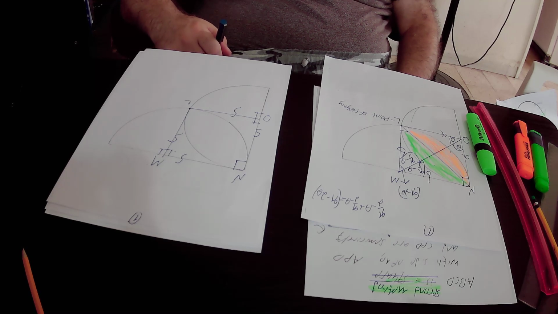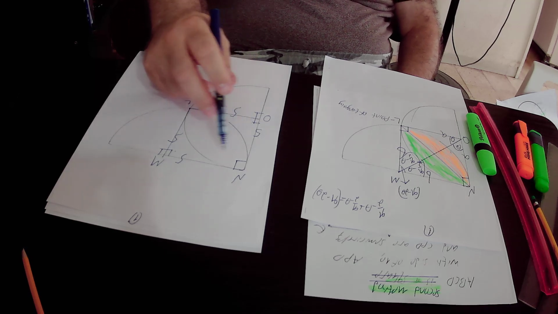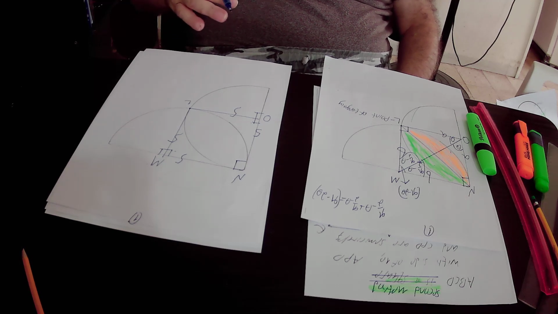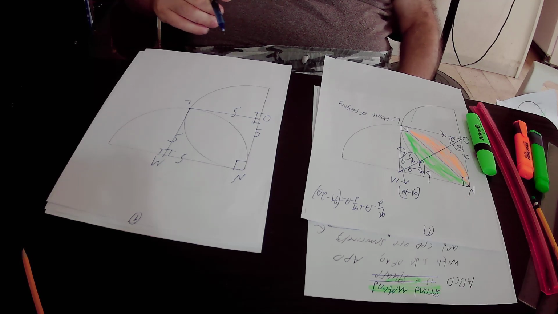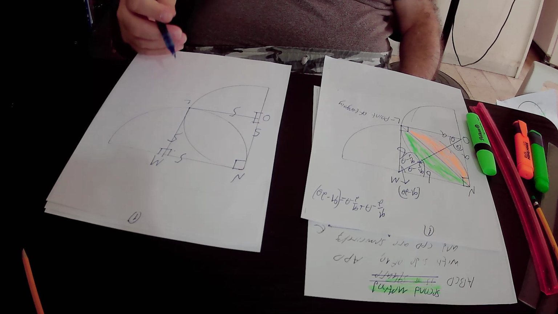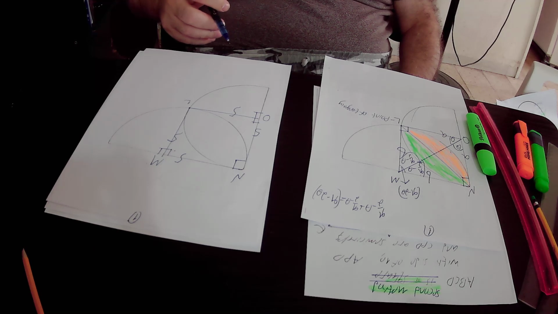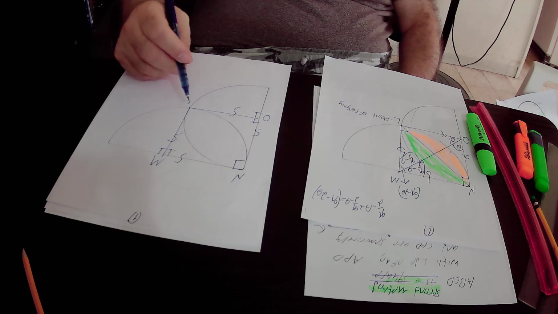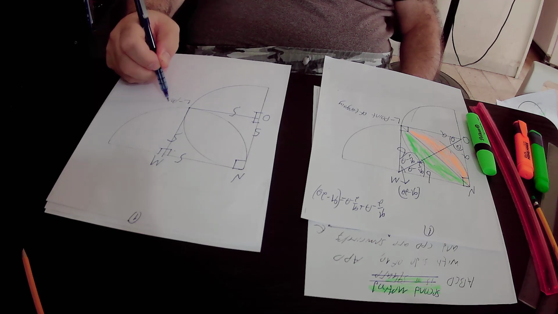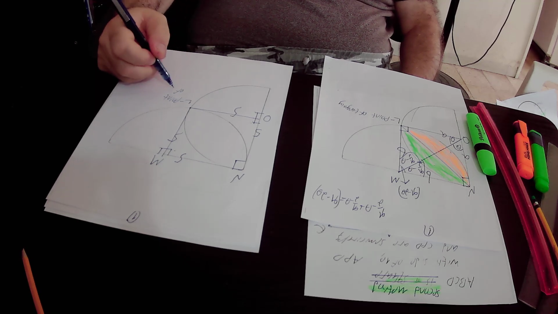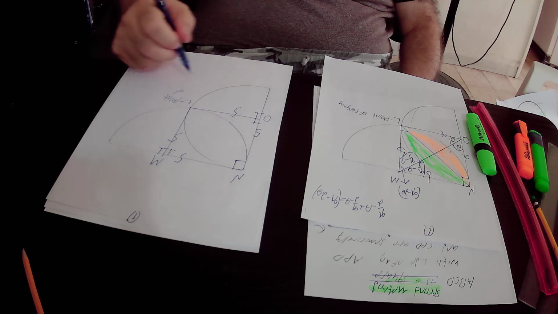So here we have 1, 2, 3 right angles, and we know that the sum of the angles in any quadrilateral is equal to 360 degrees, so this angle must also equal 90 degrees. Also, according to rule number 1, this radius is drawn to the point of tangency, that is to say, it is drawn to point L, the point of tangency of tangent ML with this semicircle.